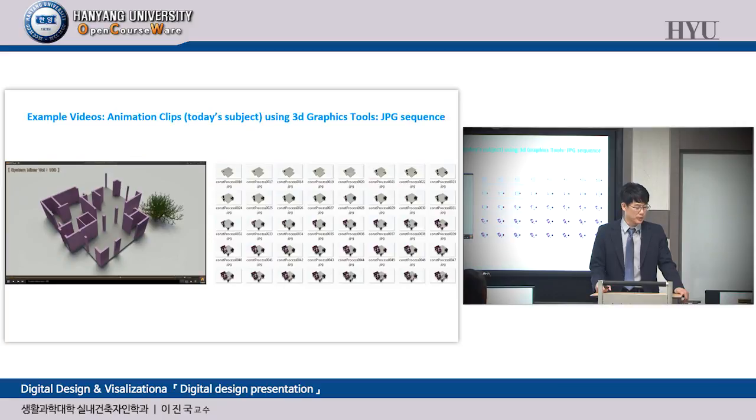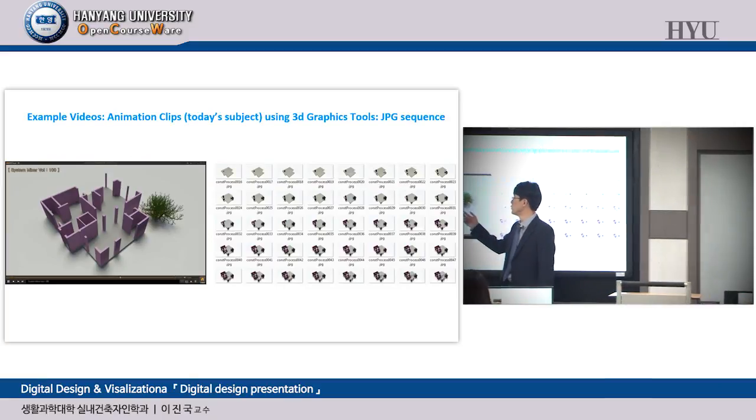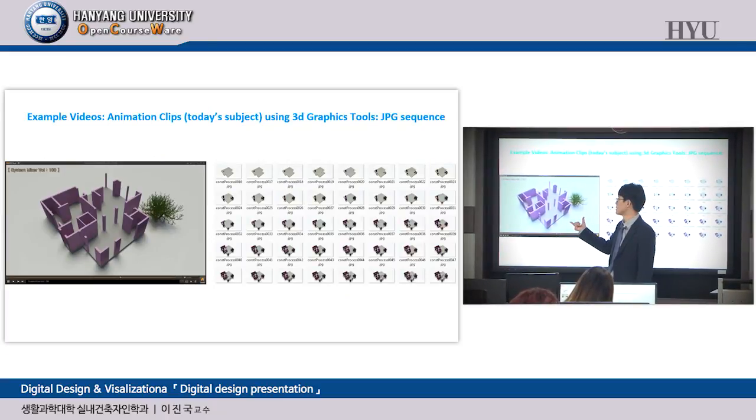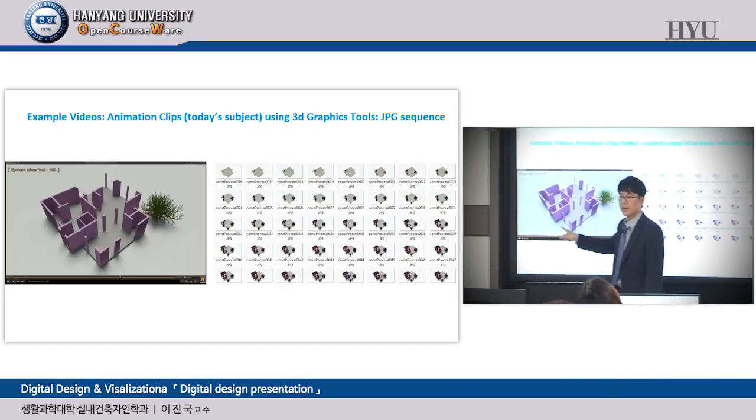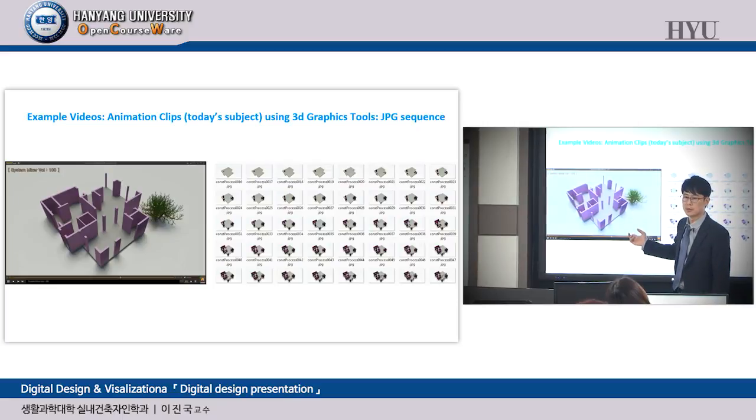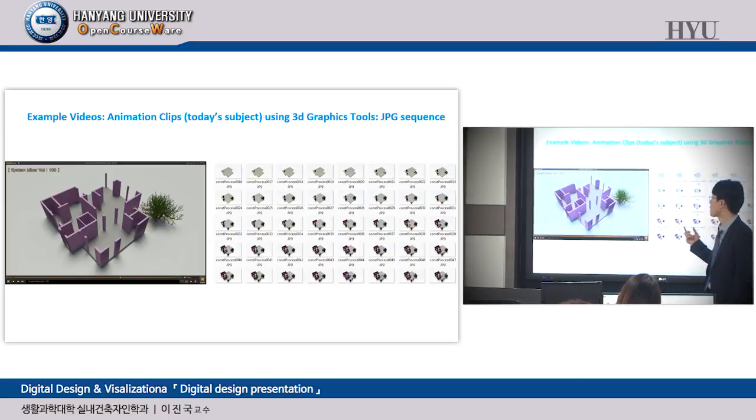Okay, example video. Let's take a look. This is the example you experienced in the lab exercise, okay? There are slab and wall objects and a foliage. You can render this scene by simply clicking the render button. How to make an animation? That's one of the subjects for today's lab exercise.